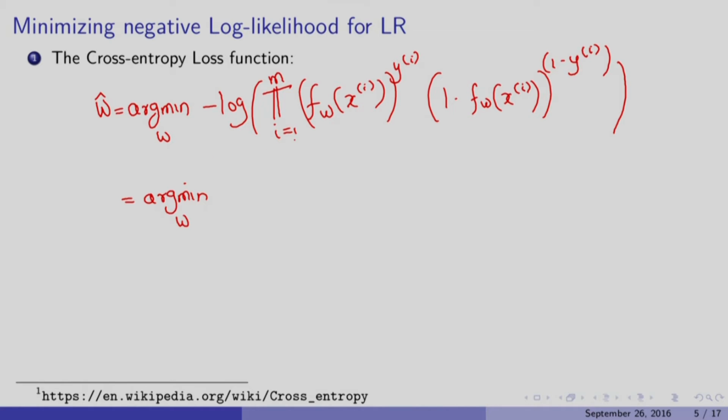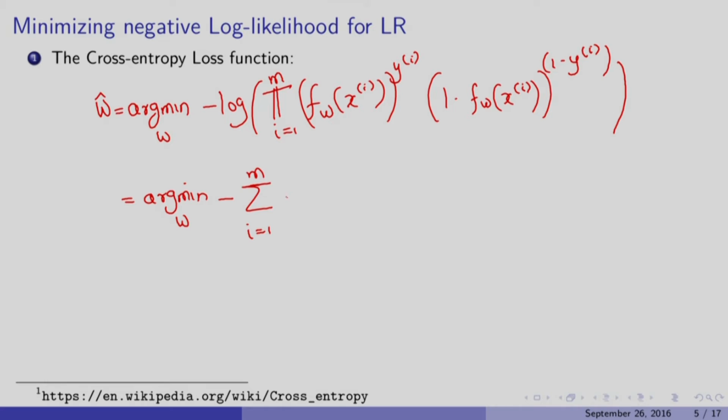So you basically now realize that the log of a product is the sum of logs. So arg min of minus of summation i equals 1 to m of the log of the remaining terms, but the log of the product of these two terms is again the sum of the logs. The exponents, the log of a raised to x is x times log of a.